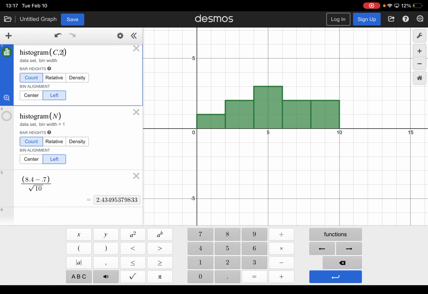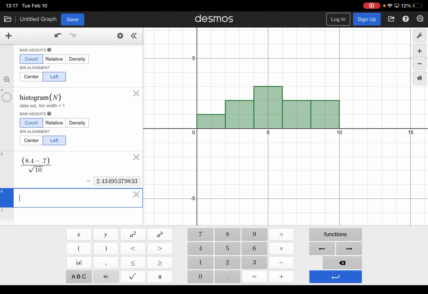Then for the bin width for no coffee, I'm still doing the maximum minus the minimum. So my maximum 4.1 minus my minimum, which is negative 3.8. Remember, minus a negative is plus a positive. Divided by the square root of 10.